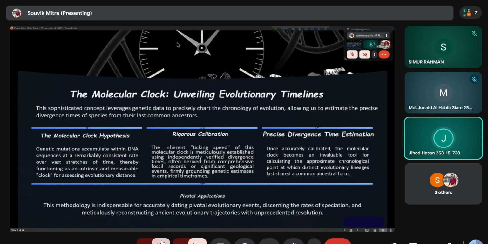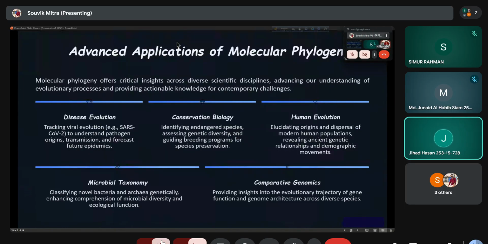Slide 10, advanced applications. Finally, why does this matter today? Molecular analysis is a vital tool for many fields.